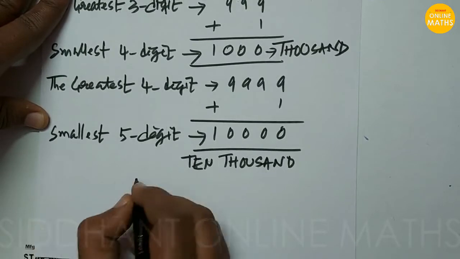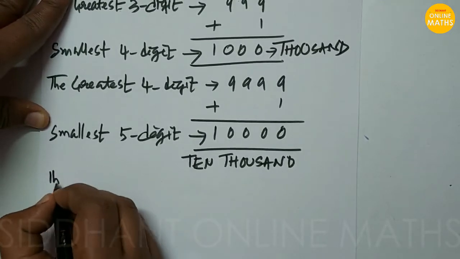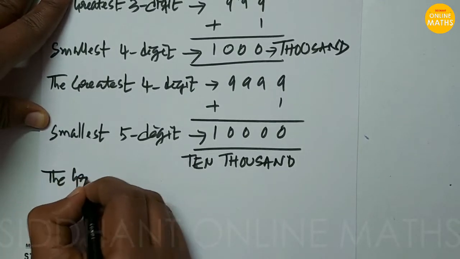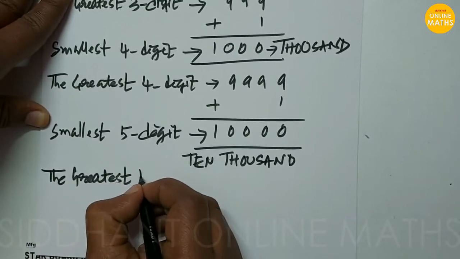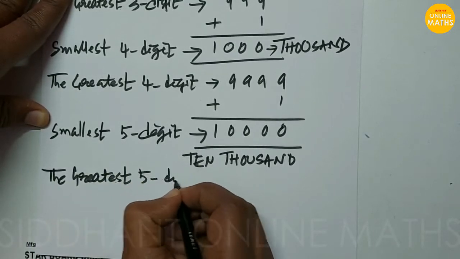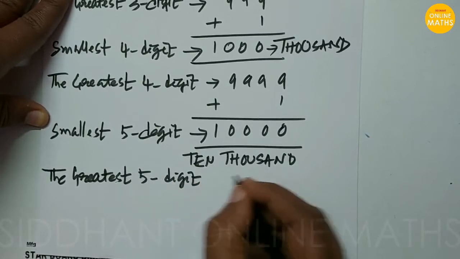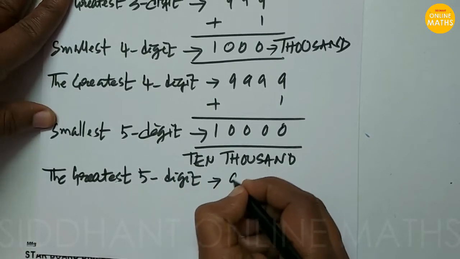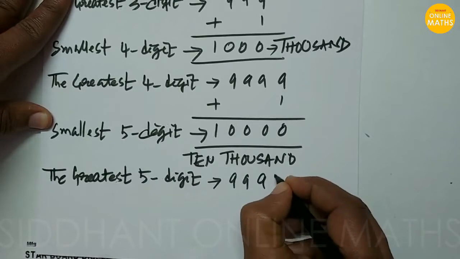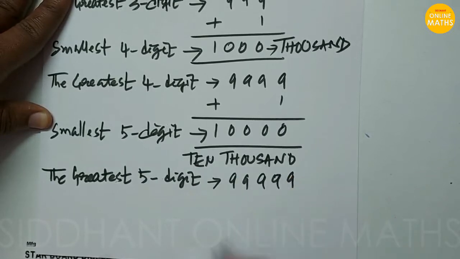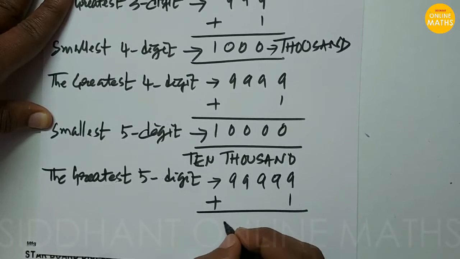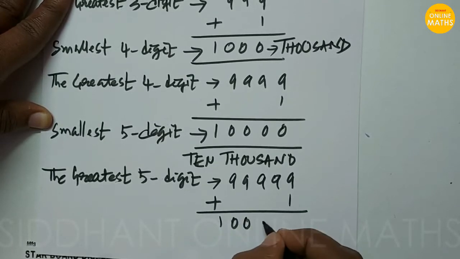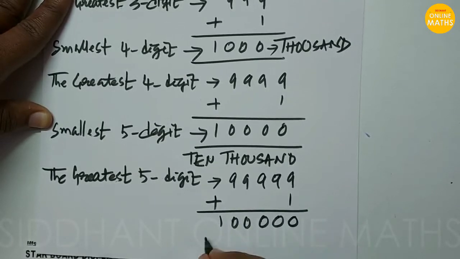So continuing, now coming to the greatest five digit number, it will be 99999. When you add 1 to this, it will become 100000.